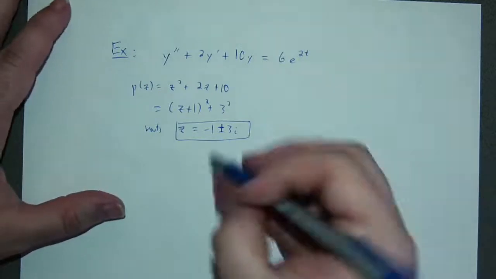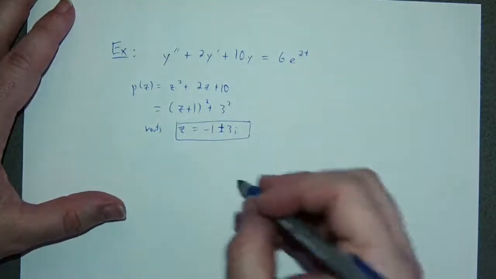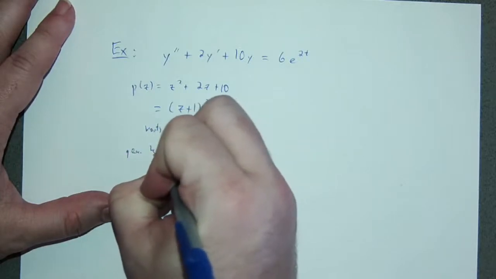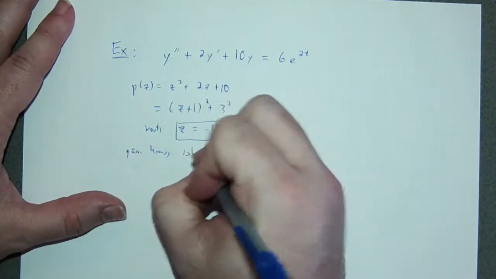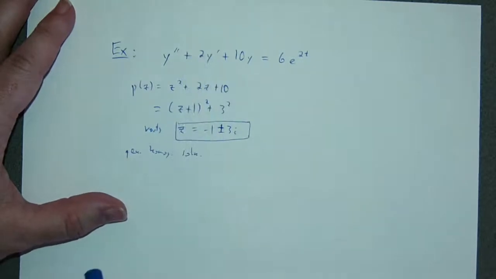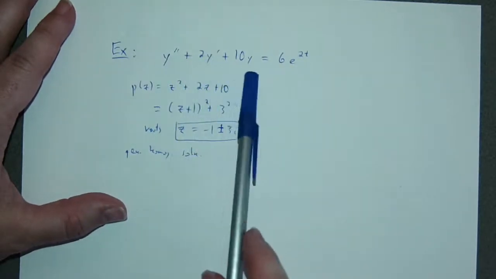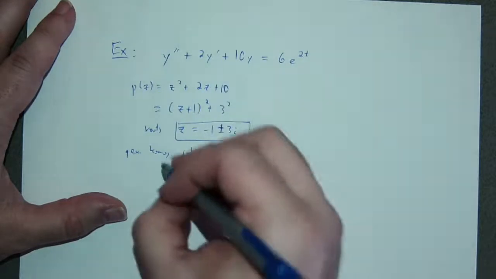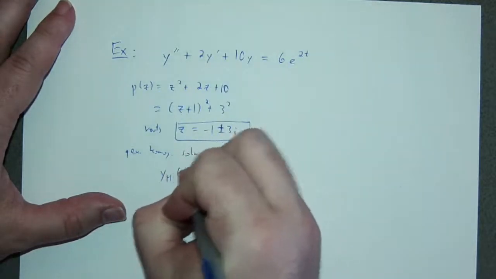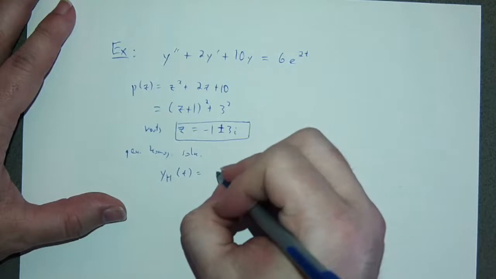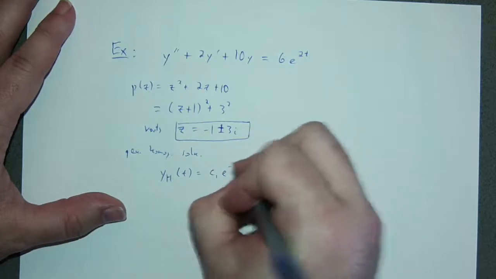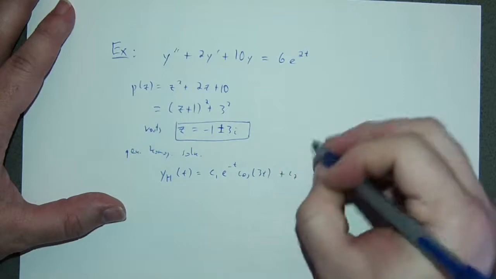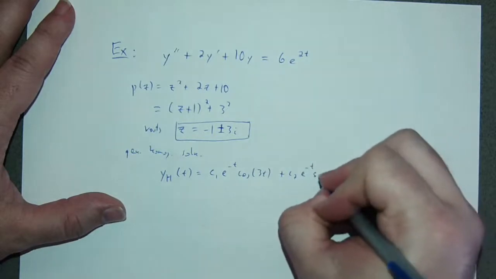Let's go ahead and write out the homogeneous solution. The general solution to the associated homogeneous equation, y double prime plus 2y prime plus 10y equal to 0, is y sub h of t equals c1 e to the minus t cosine 3t plus c2 e to the minus t sine 3t.